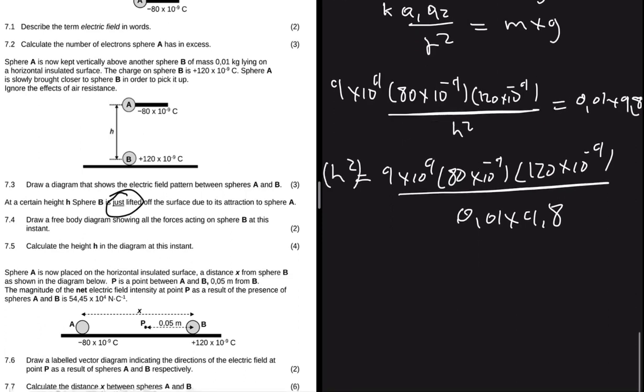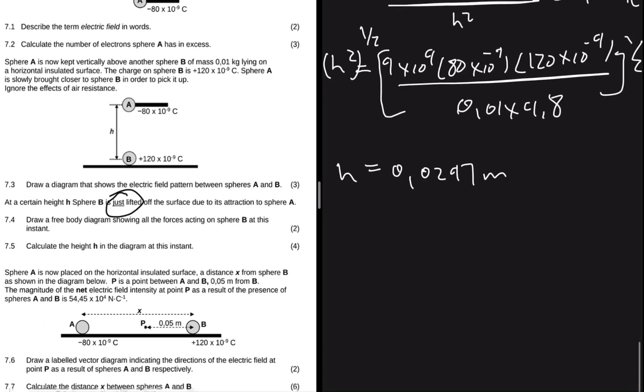So we will say H squared to the power 1 divided by 2 is equal to this entire expression to the power 1 divided by 2. So H will be equal to 0.0297 meters, right? And then let's move to 7.6.